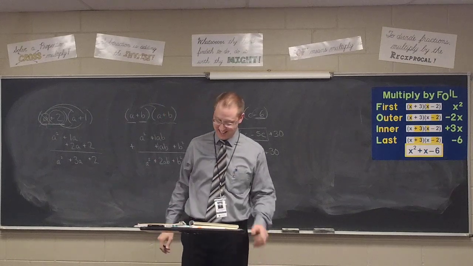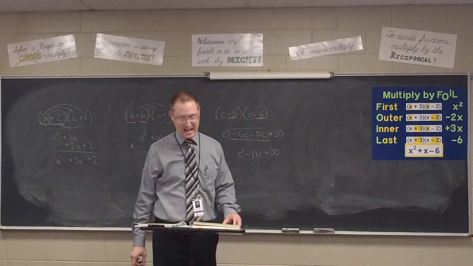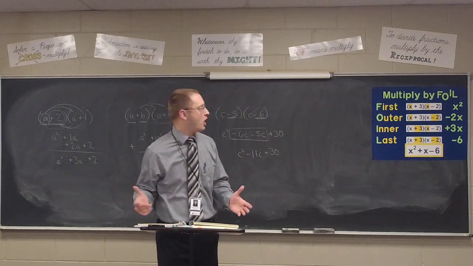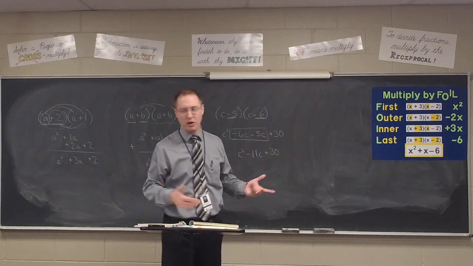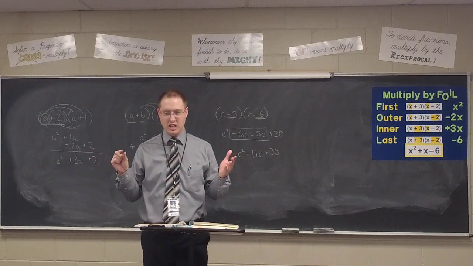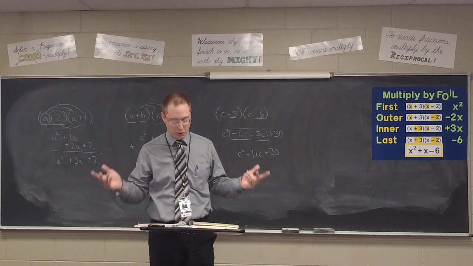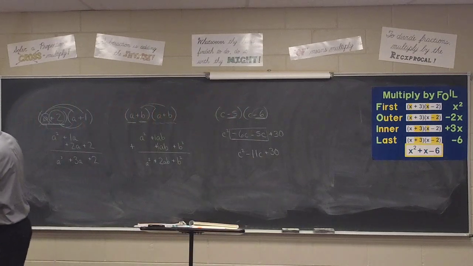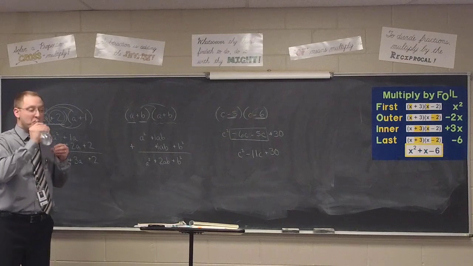You got it that time. Good. Now, they want the combined form, meaning anything that's like combines. But class, of the first, outer, inner, last, the only ones that ever come out like to each other are the inner and the outer, right? So let's combine those. What's our combined answer, Joshua? Positive 10G.